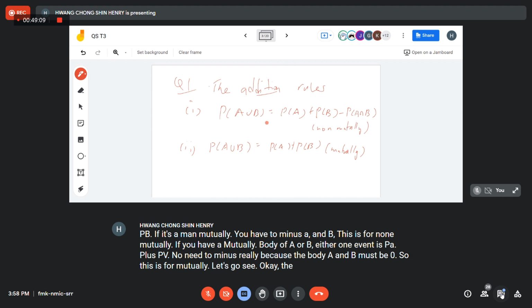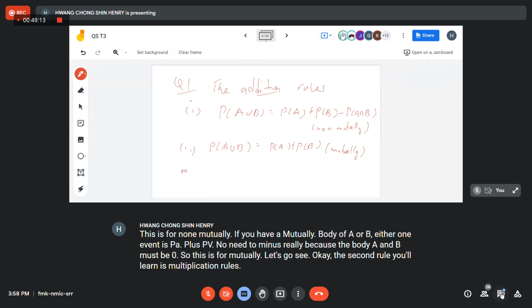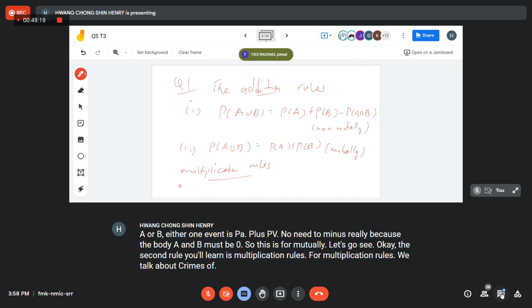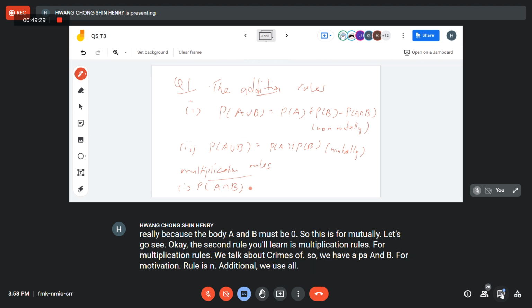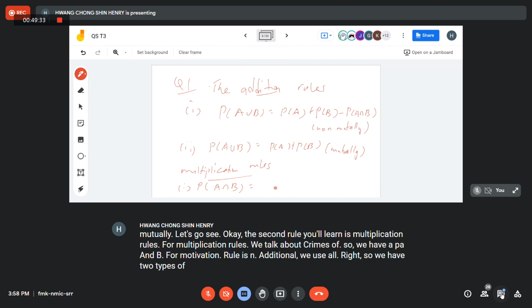Okay, the second rule you learned is the multiplication rule. For multiplication rules, we talk about times. So we have P(A and B). For the multiplication rule, we use AND. For the addition rule, we use OR. We have two types of multiplication rules. One is dependent.